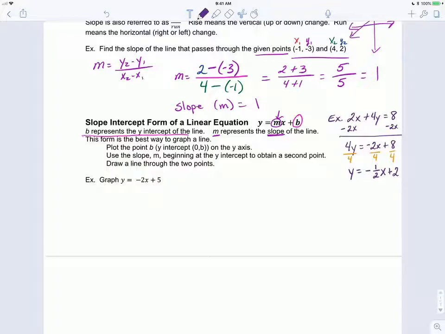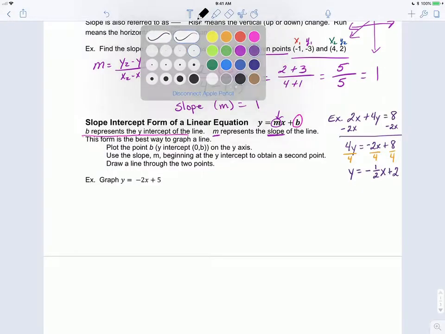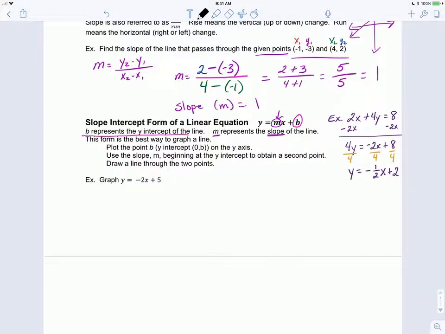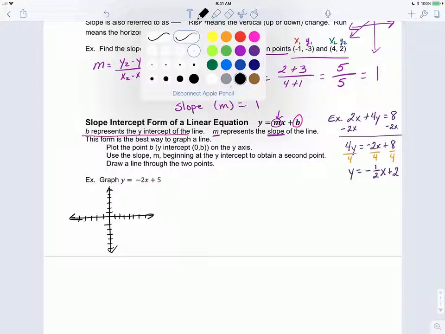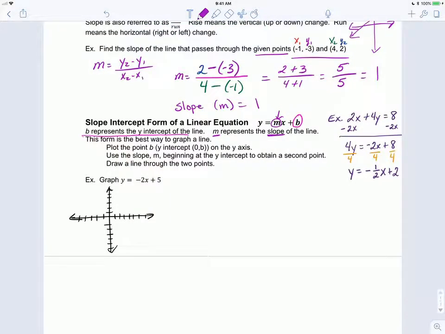So here's one that's already in our slope-intercept form for us, and we're just told to graph it. So let's create a little chart here. Now, given this equation, y is equal to negative 2x plus 5, let's remember what we've learned.